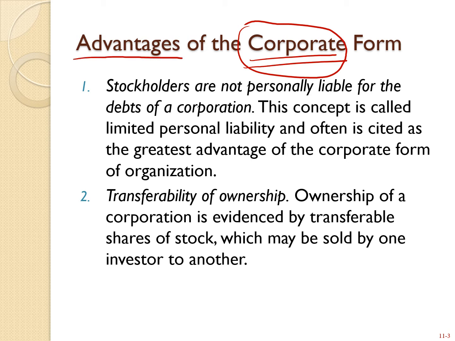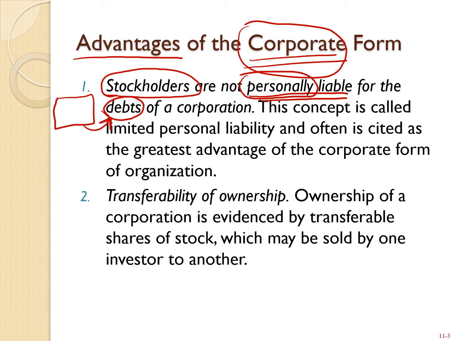Some of the advantages: stockholders, people who own these stocks, are not personally liable for the debts of the corporation. So if the company goes bankrupt and gets liquidated to pay back the creditors, and the liquidation does not suffice to offset in full the creditors' rights, the creditors cannot go to the people who own those stocks and take their cars or their houses.